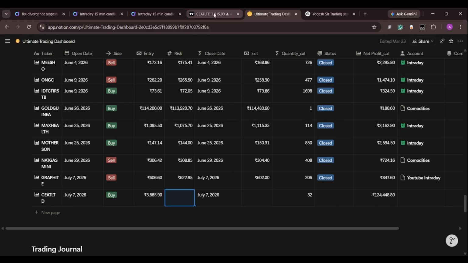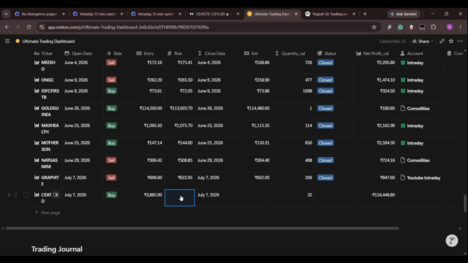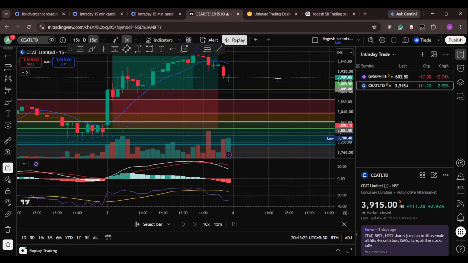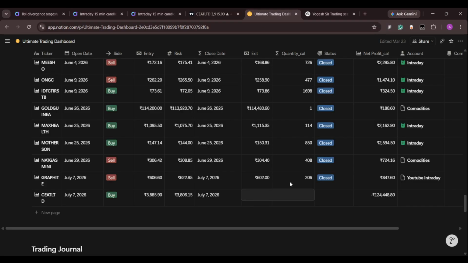My risk was 3,806.15. And my exit was at 3,967.70. And this entry was closed.